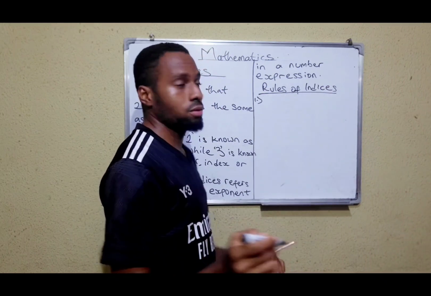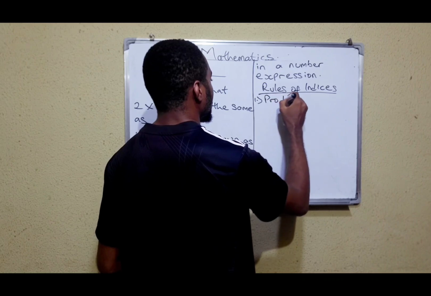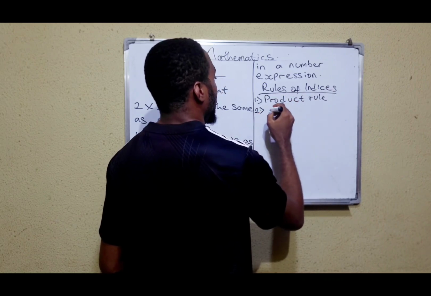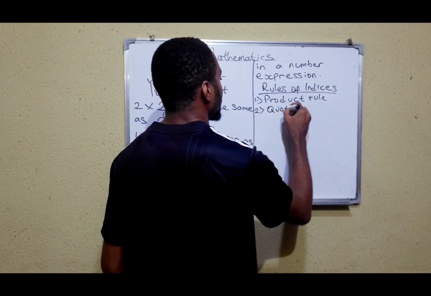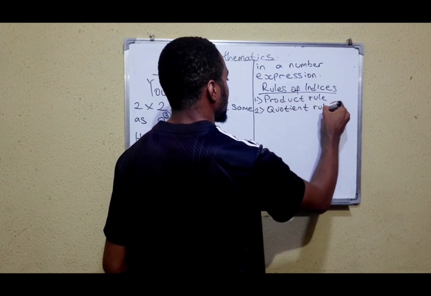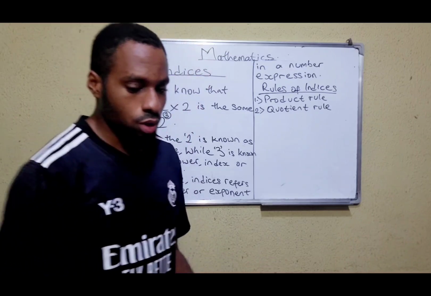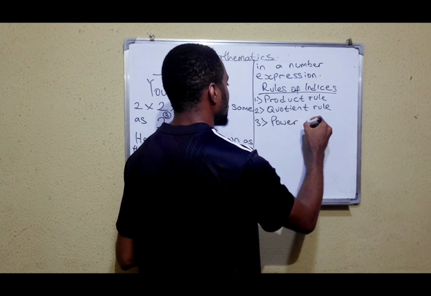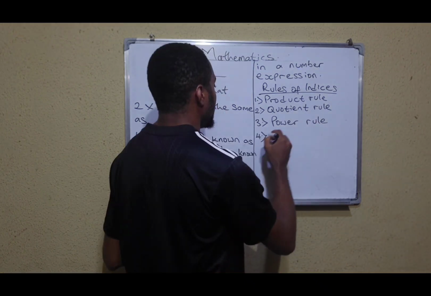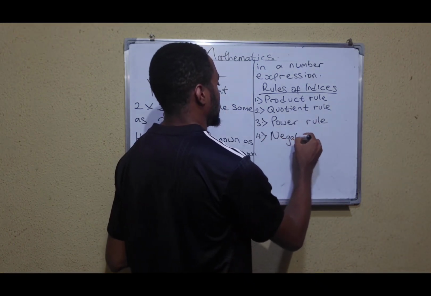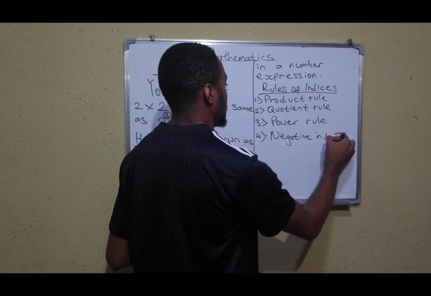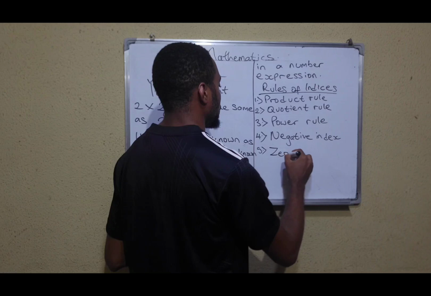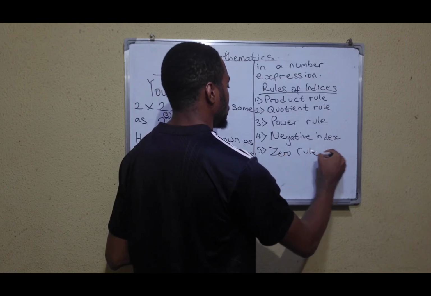Firstly, we have the product rule. Secondly, we have the quotients rule. And thirdly, we have the power rule. Fourthly, we have the negative index. Number 5, we have the zero law or rule.